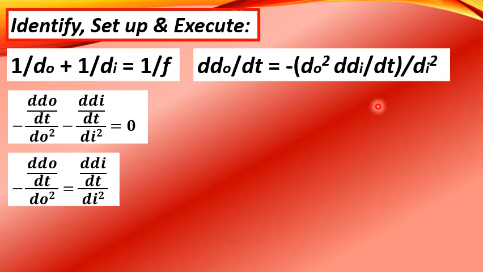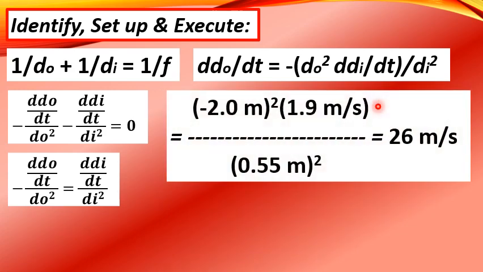So substituting in our data, we have the square of the negative 2.0 meters, multiplied by 1.9 meters per second, and their products will be divided by the square of dI, which is 0.55 meters.